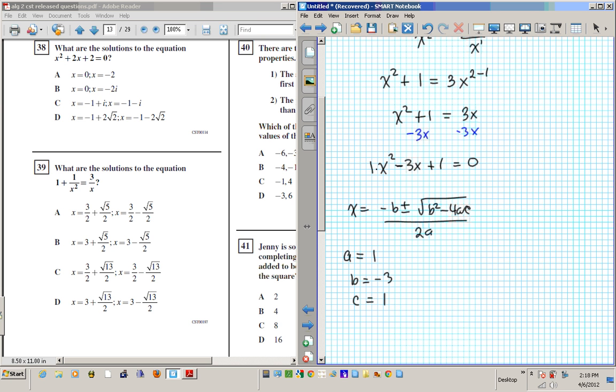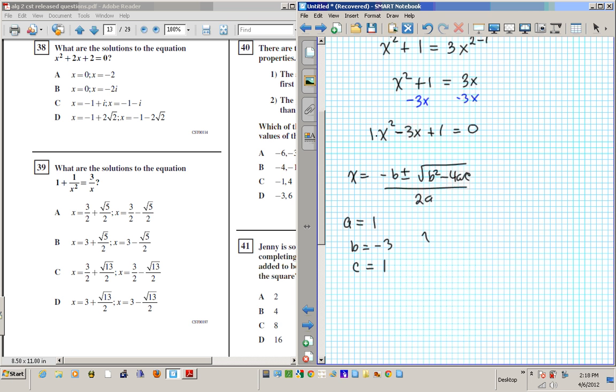And c is 1, because that's basically the last number right there. So let's plug these arguments into this equation and find out what the solutions to the equation are.